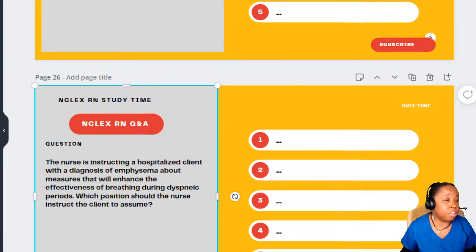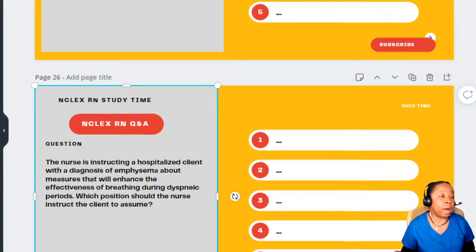The nurse is instructing a hospitalized client with a diagnosis of emphysema about measures that will help the effectiveness of breathing during a dyspneic episode.